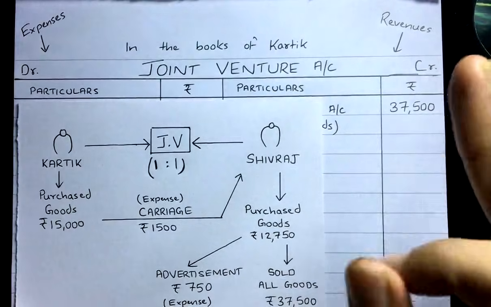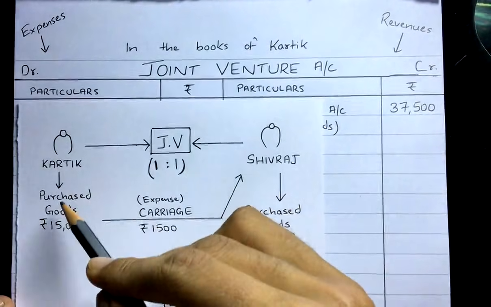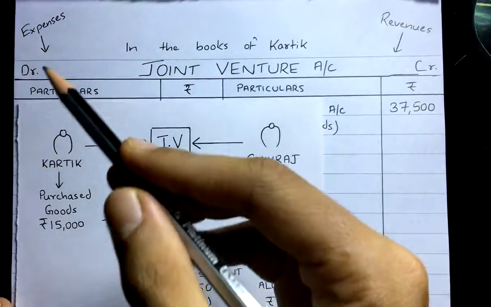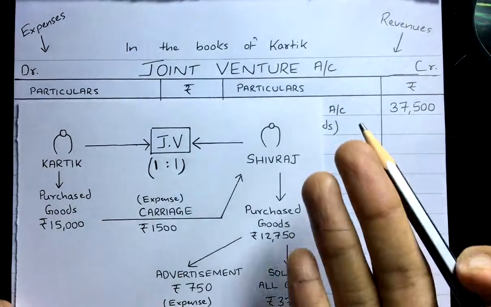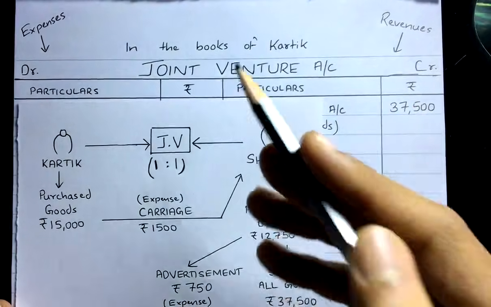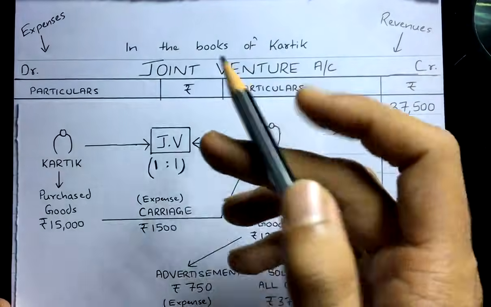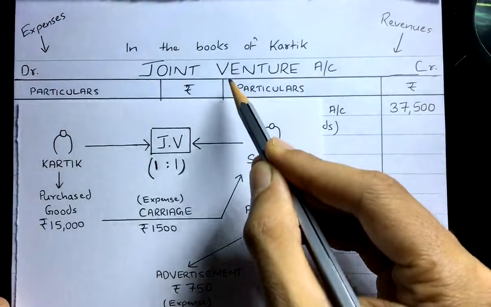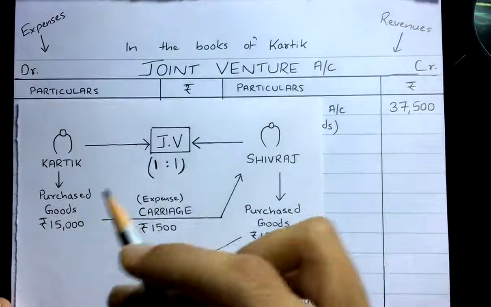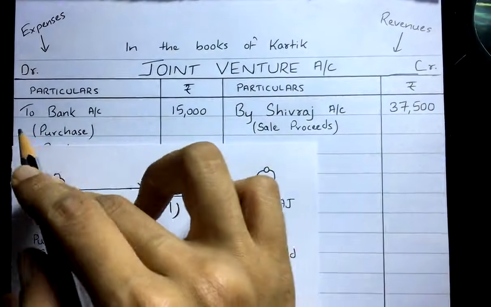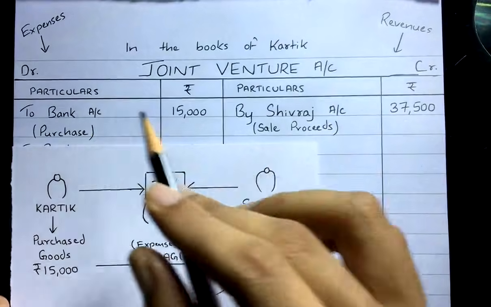Now let's start. At first, what happened? At first, Karthik purchased goods of rupees 15,000. So what is purchase? Purchase is an expense. So expense is increasing. When expense increases, joint venture account debit. Always remember, whenever expense increases, you have to debit the joint venture account. So joint venture account debit because of this purchase. Now you have to take to Karthik, but I have taken bank account. Why?